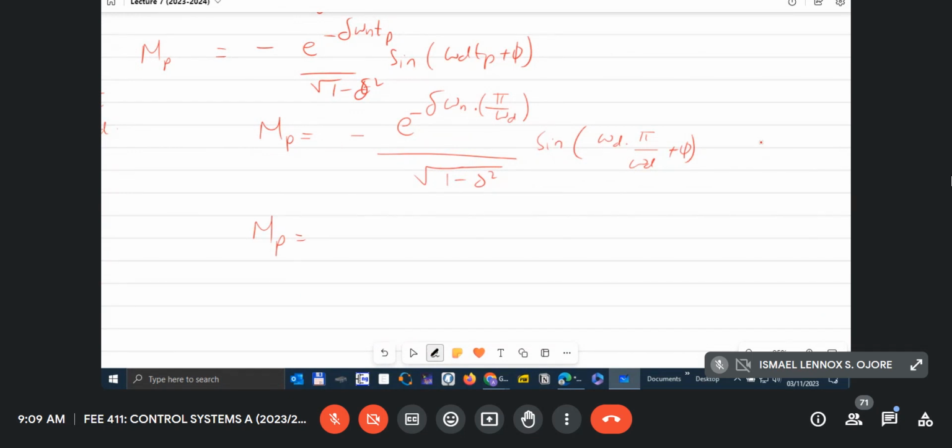Here omega d we can cancel with omega n, so we end up with pi delta over square root of 1 minus delta squared, and sine of pi plus phi, which is the same as minus sine phi.